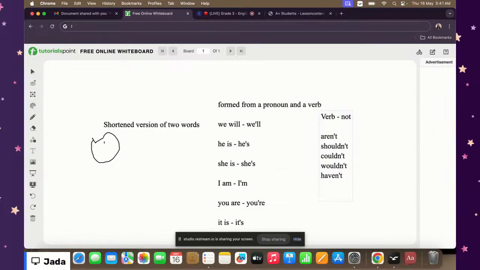You can let me know in the chat some examples. Some more. Has not. Exactly. We have has not. So all these are the verbs with not.